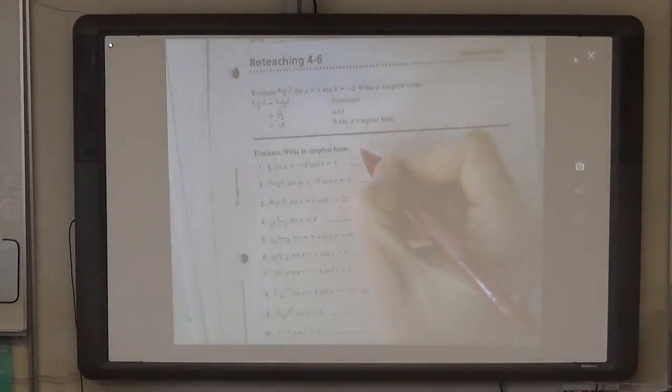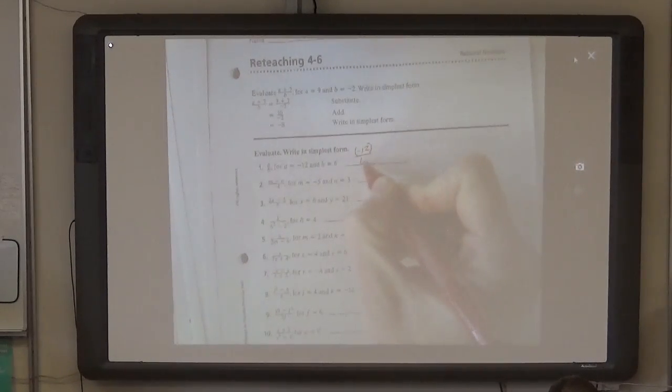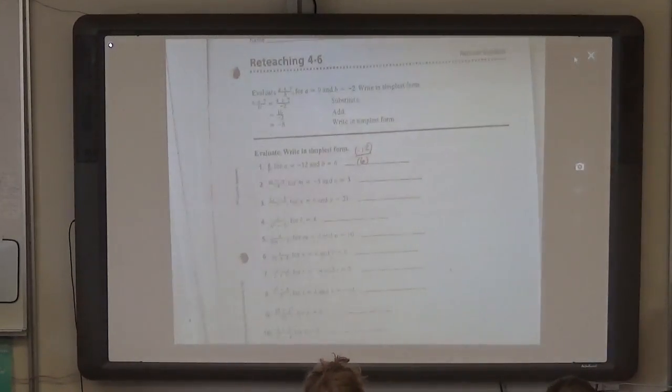So substitute those in. Negative 12 divided by 6. And then simplify it.